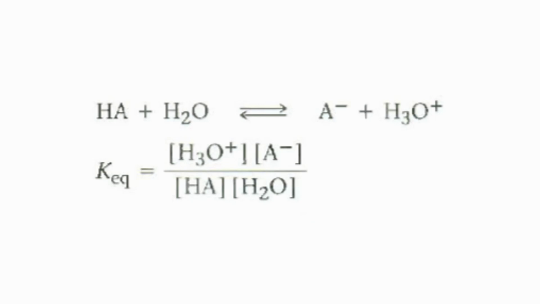Now, for getting the equilibrium constant, this is the particular formula for our dissociation reaction of acid in water. Keq equals the concentration of hydronium ion multiplied by the concentration of our conjugate base, over the concentration of our acid multiplied by the concentration of water.